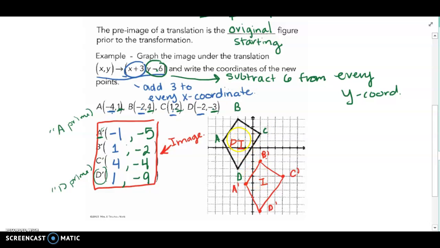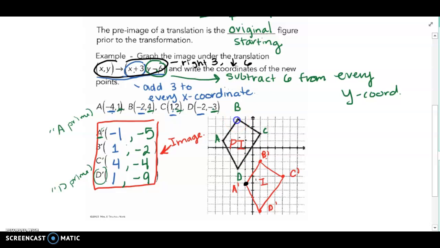And what you notice is we have two congruent figures, okay? And remember, if we go back to this rule right here, we said this x plus 3 tells us we're moving right 3. And the y minus 6 says we're moving down 6. If we count from A, if we go right 1, 2, 3, down 1, 2, 3, 4, 5, 6, we would be right here at A prime.